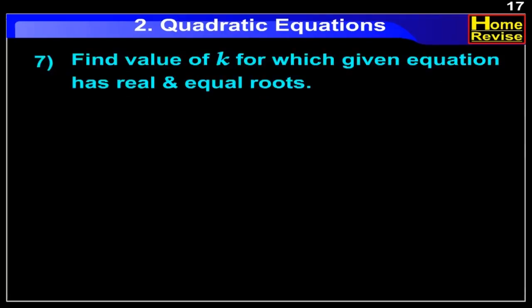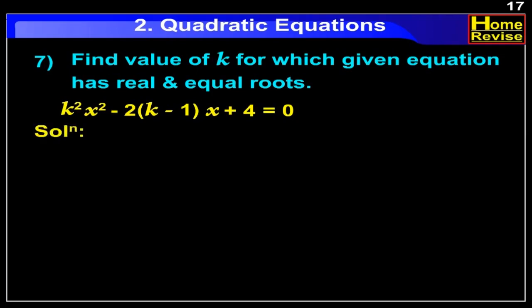Find the value of k for which the given equation has real and equal roots. k square x square minus 2(k minus 1)x plus 4 is equal to 0. Solution. The given equation is k square x square minus 2(k minus 1)x plus 4 is equal to 0.